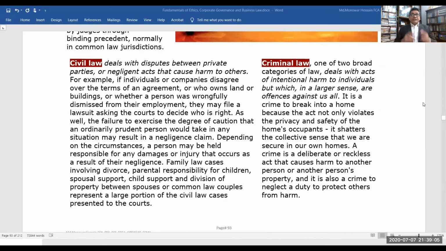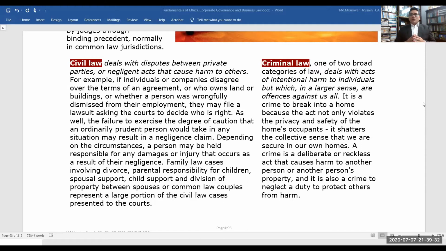Civil law deals with disputes between private parties or negligent acts that cause harm to others.